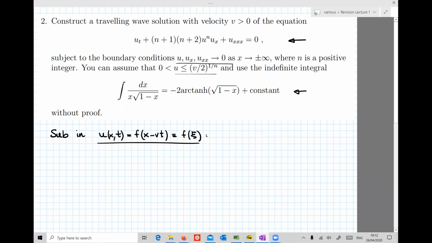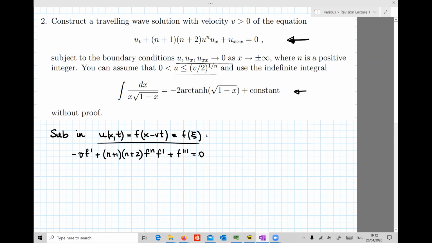Okay, so let's substitute this into the equation here. So we get minus v f prime from the first term by using the chain rule. Then we get plus (n plus 1)(n plus 2) f to the n f prime plus f triple prime equal to 0.